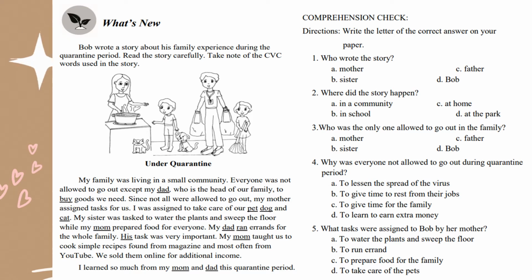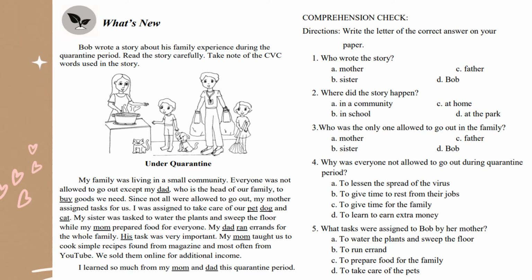Number 3. Who was the only one allowed to go out in the family? A. Mother. B. Sister. C. Father. D. Bob. Number 4. Why was everyone not allowed to go out during quarantine period? A. To lessen the spread of the virus. B. To give time to rest from their jobs.